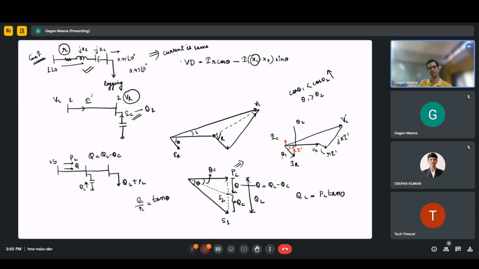This is PL tan theta, and Q, not QC, Q becomes PL tan theta C. Then QC is equal to QL minus Q. So PL is the same, tan theta minus tan theta C. Okay, is this clear?